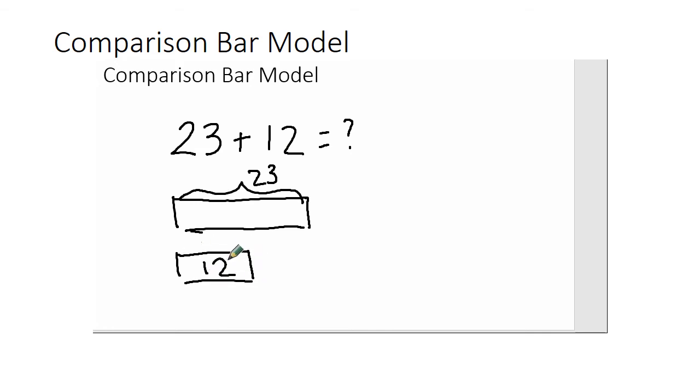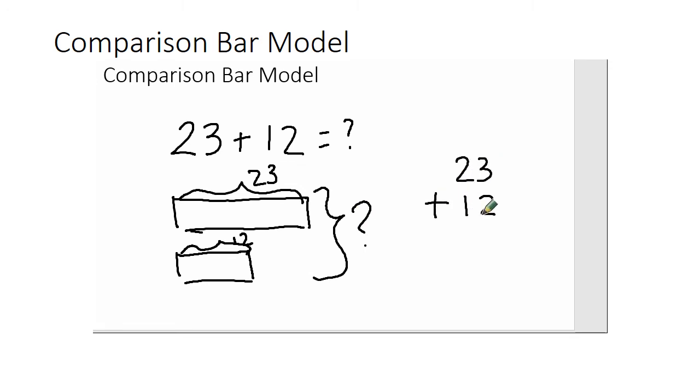I forgot to do the brackets. I want to combine the two bars, so I need to put a bracket, and that's my question mark. So students would know that they need to add this together.